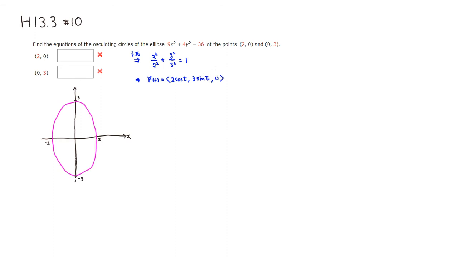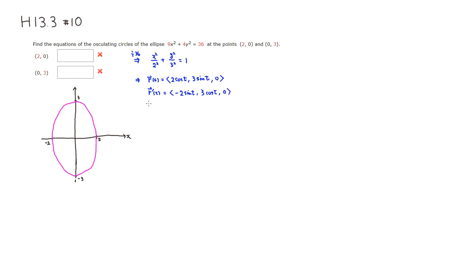All right, so let's compute the curvature. We need the first derivative, which is negative 2 sine of t, 3 cosine of t.